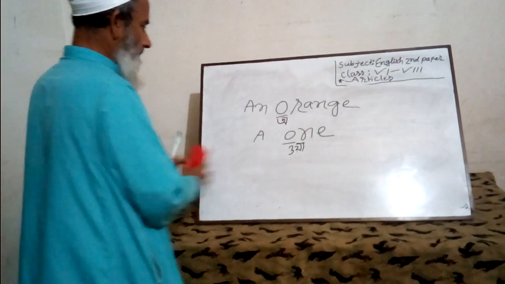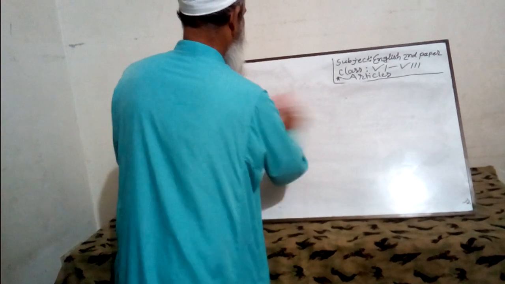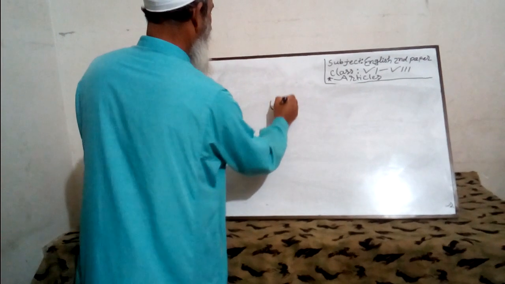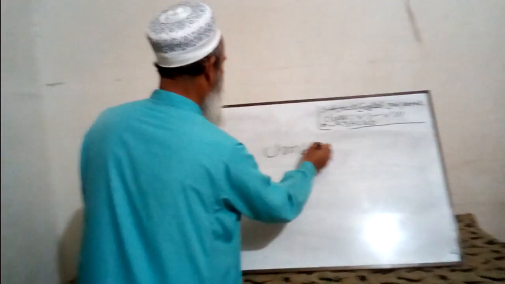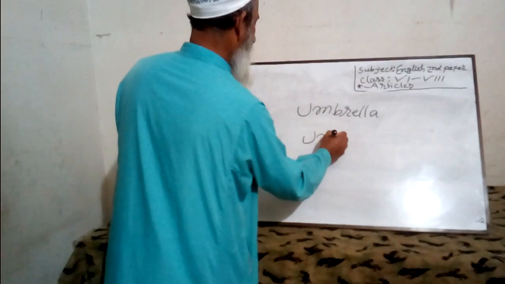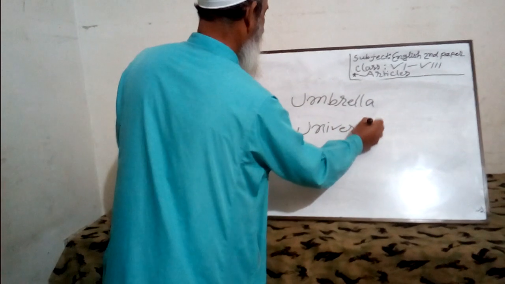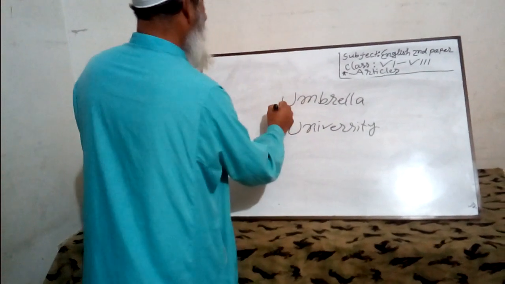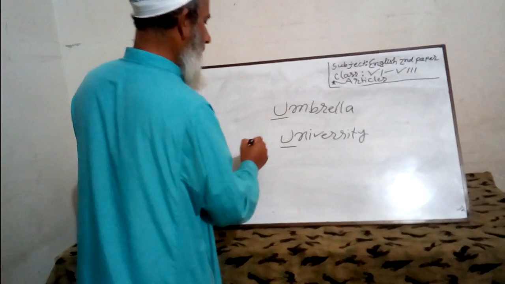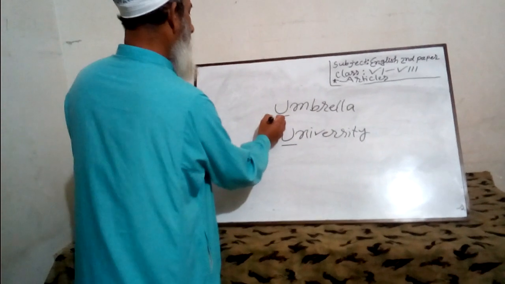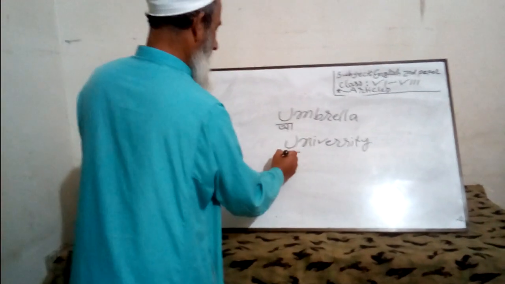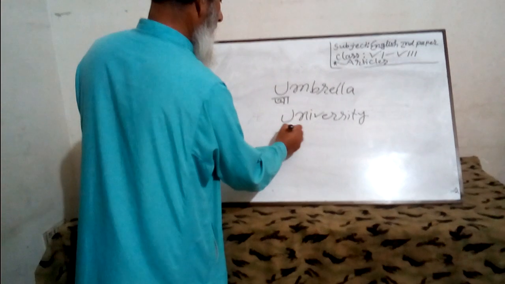Like this, we can say an umbrella, a university. Here the first letter is vowel, here the first letter is also vowel, but here U sounds like A, and here U sounds like yoo.